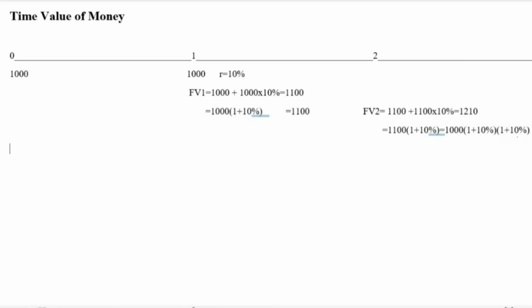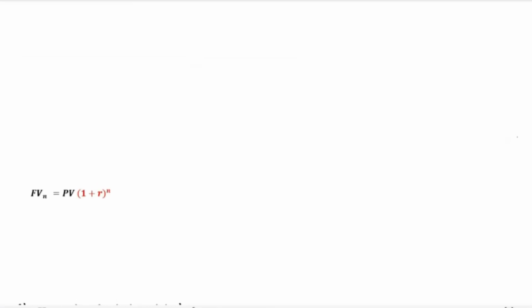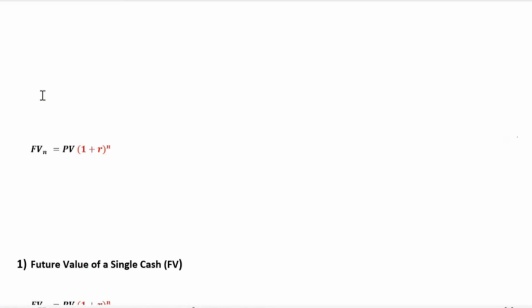So here we have our first formula, the future value single cash flow formula. With today's any amount at any given interest rate, any period from today, its future value can be found by using this formula.